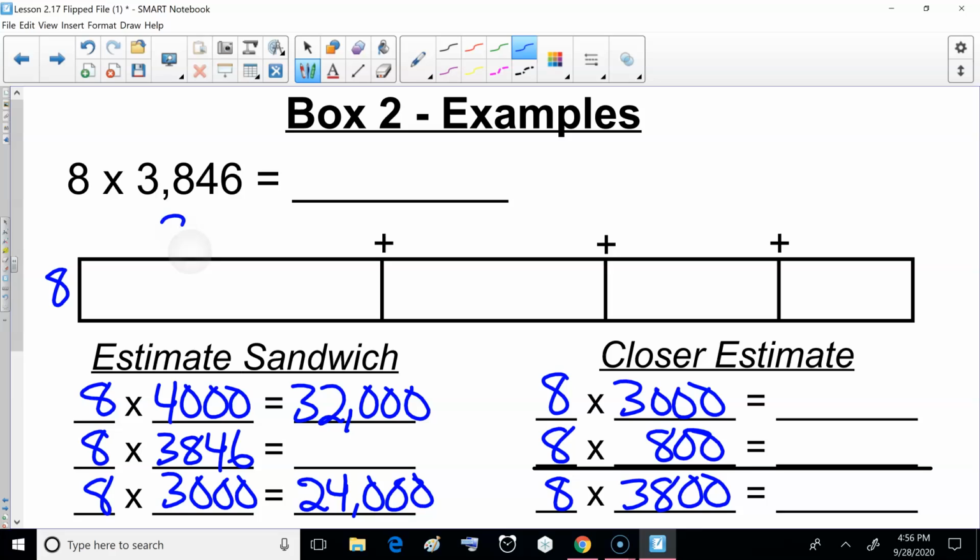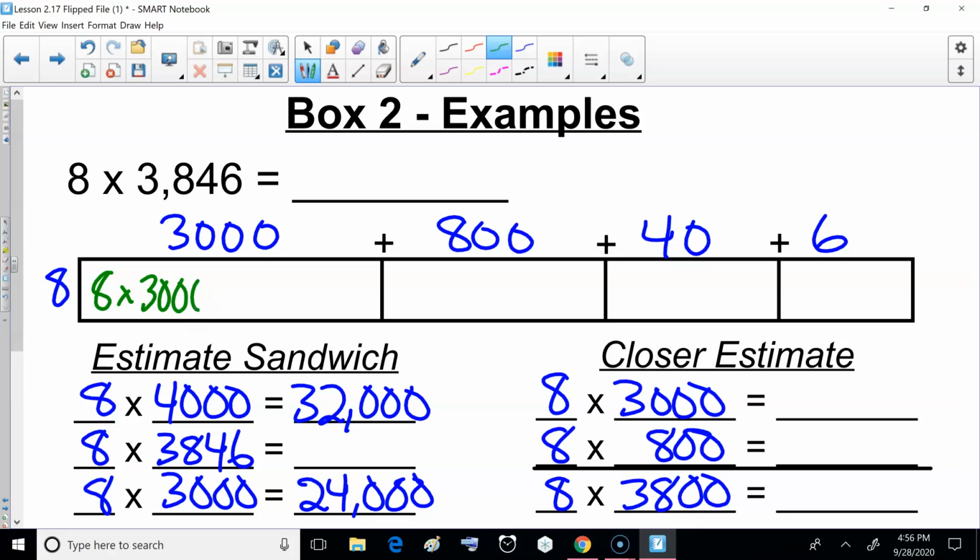So 8 times 3,000. And then we have 800. And then we have 40. And we have 6. So 8 times 3,000 equals 24,000. Which we have right here, which means you can put that answer right down there as well.